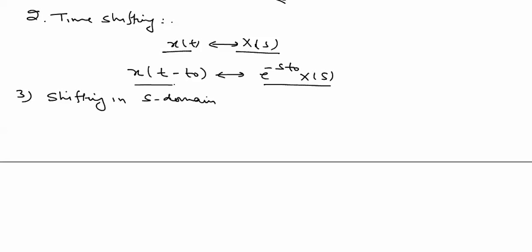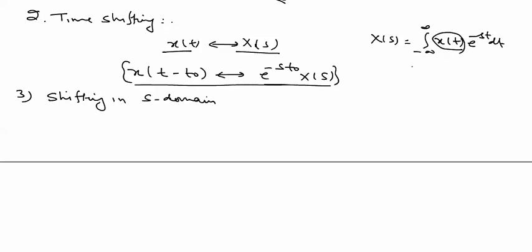We can prove this property through the change of variable idea, because our basic formula is x(t) e power minus st dt. Instead of putting x(t), if we put this component here, then we get the result in this way.